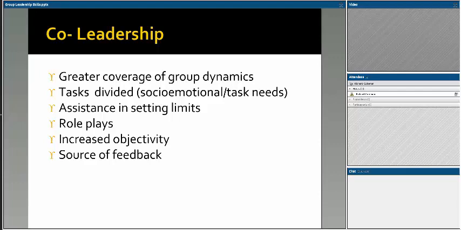You can assist in limit setting. It makes it very easy to do role plays because there are a couple of folks doing that piece. And you've got increased objectivity. There's always a danger in a single facilitated group of the facilitator becoming the authority, the end all, be all. This way you have a shared responsibility, and you've got a source of feedback as well.